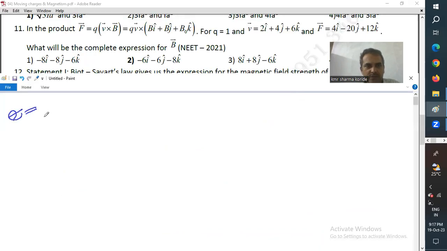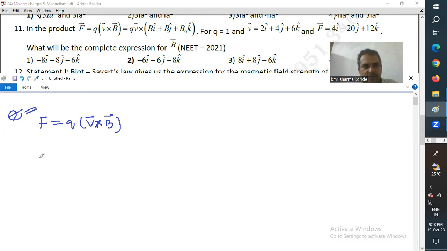So the force on the charged particle F is equal to Q of V cross B. There is a cross product between velocity and magnetic field.